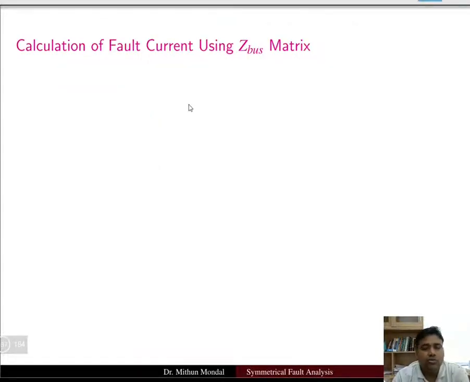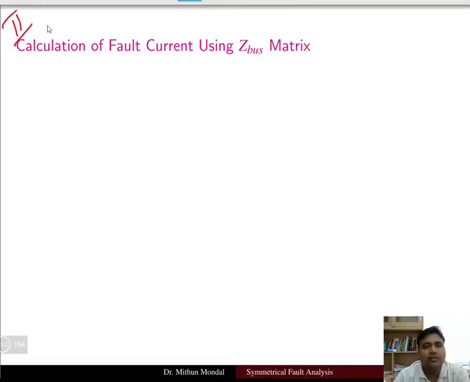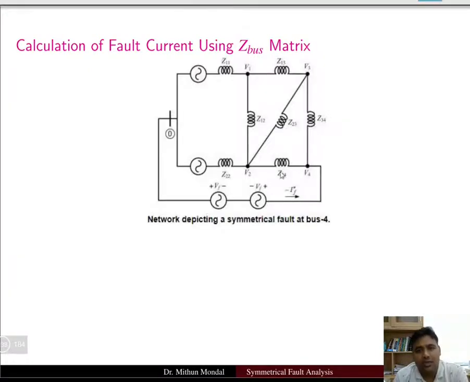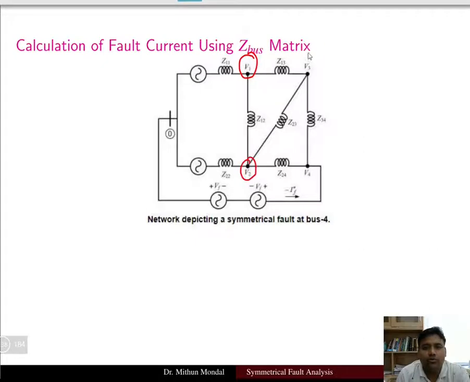Now we can use a second method to calculate the fault current, which depends upon the Z bus matrix. Let us consider one example where you have 4 buses. V1, V2, V3 and V4 indicate the 4 buses, and there is a symmetrical fault at bus number 4. 0 indicates the reference bus, and all the impedances are given to us.